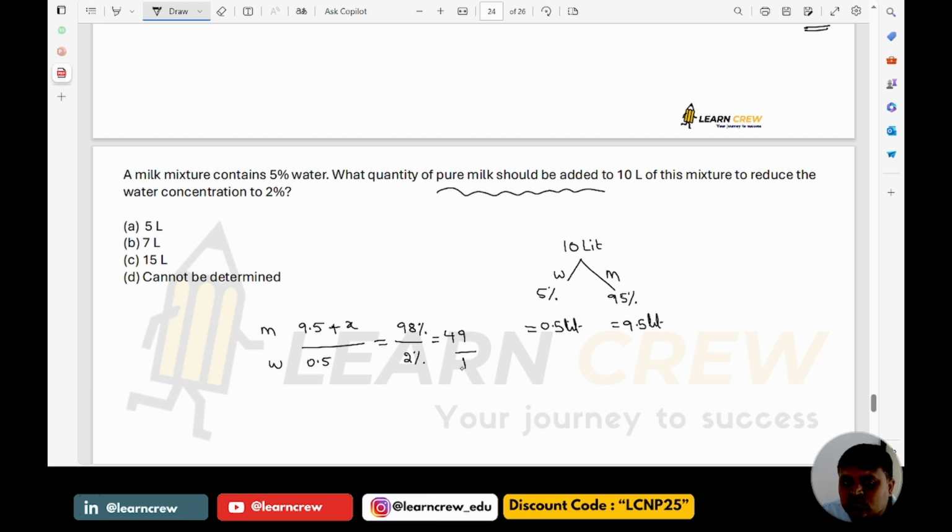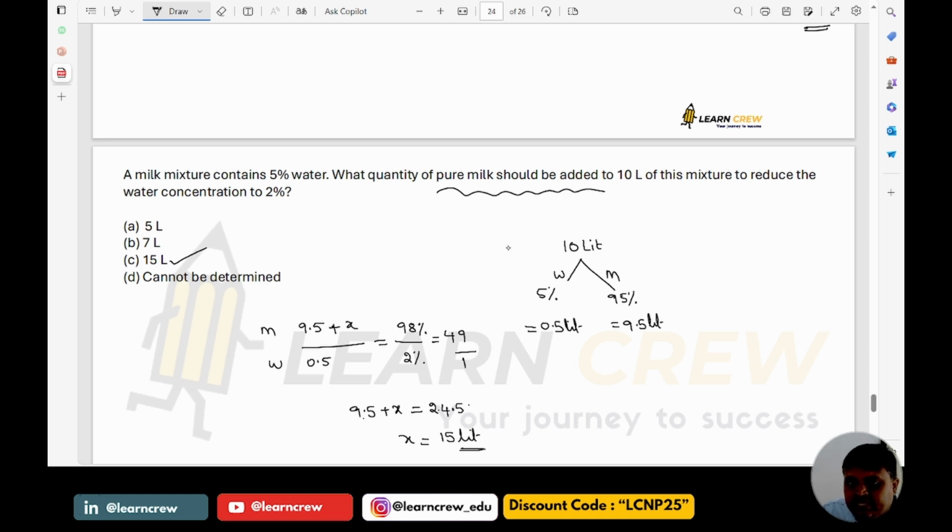Now what I can do? 1 into (9.5 plus x) equals 49 into 0.5. 49 into 0.5 is 24.5. Thereby I will get x as 24.5 minus 9.5, which is 15. So 15 liters of milk is added.